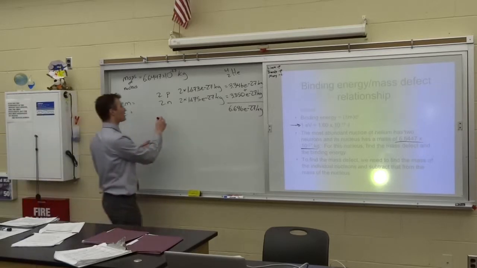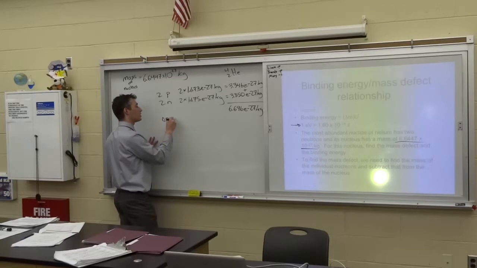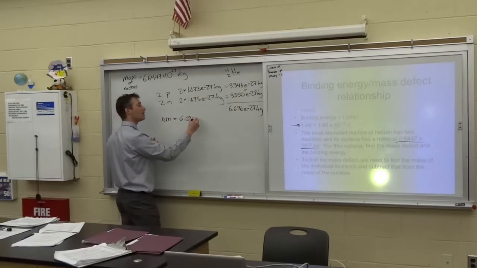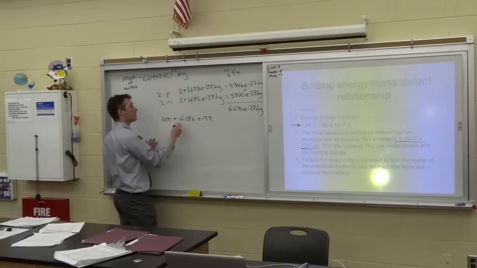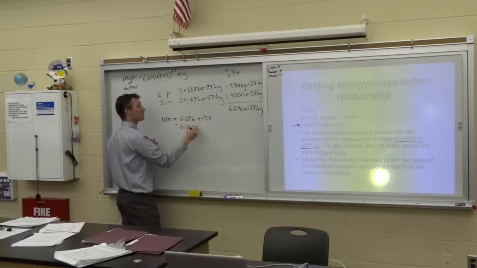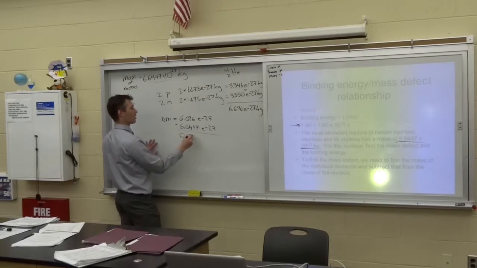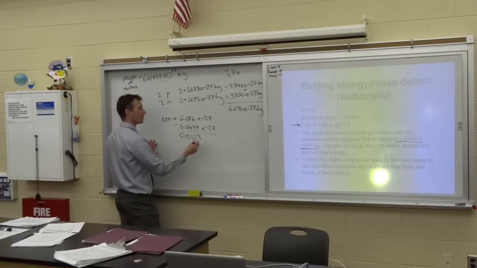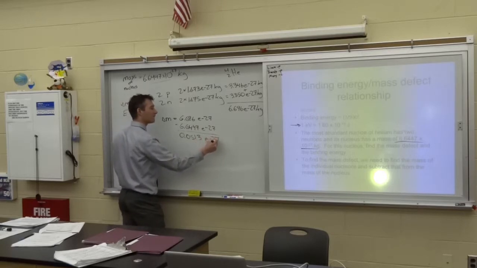So the mass defect is the difference between those 2 masses. So my 6.696 times 10 to the negative 27th minus the mass of the assembled nucleus, 6.6447 times 10 to the negative 27th. Oh boy, I didn't really care about significant digits today.